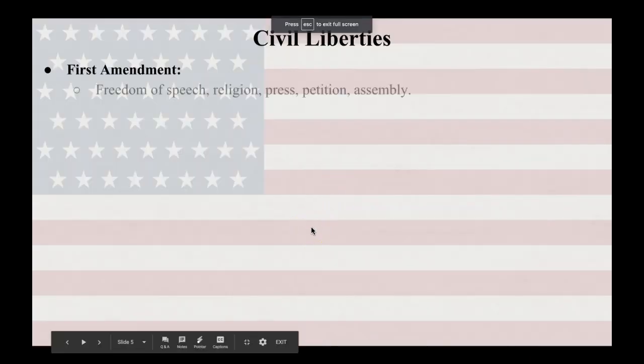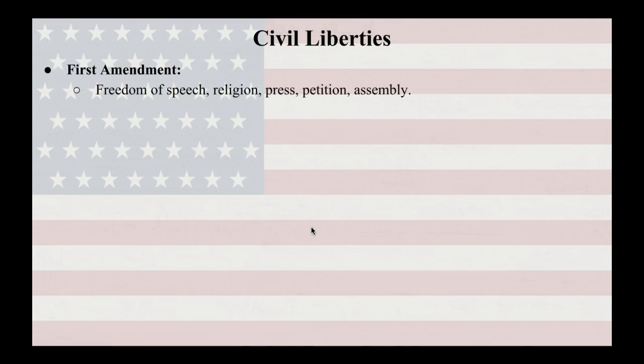And so we're going to look first at the First Amendment. And we should know by now that we have the freedom of speech, religion, press, petition, assembly, something you should have been taught a very long time ago. But understand that nothing is absolute. You do not have unregulated freedoms, and everything has a limit. So we're going to talk about that for just a moment here.